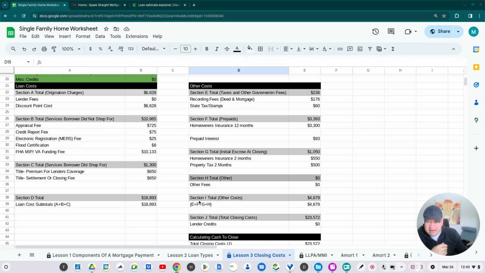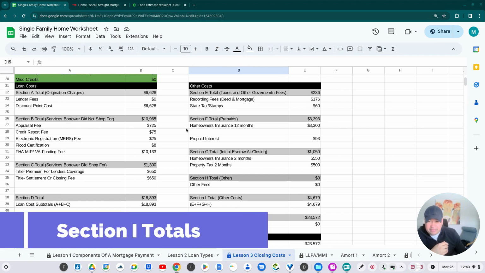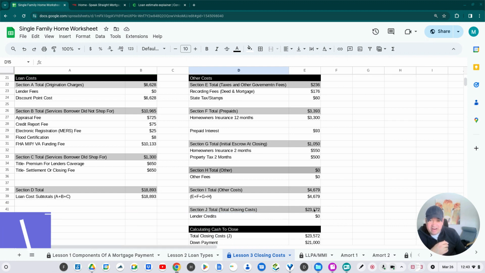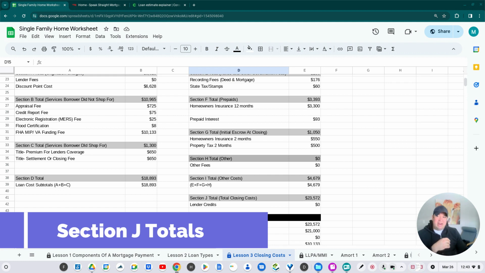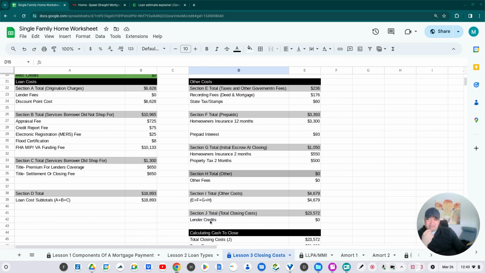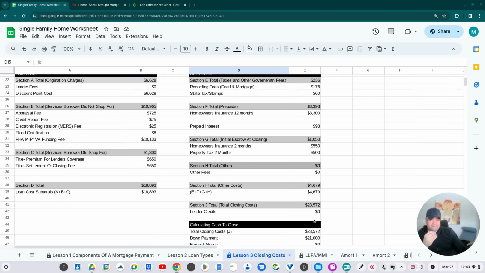Section I is adding everything in this section. Section J is adding this side and this side to get total closing costs. If we had any lender credits from the rate or for any other reason, they would be here. It would be subtracted from the total here.